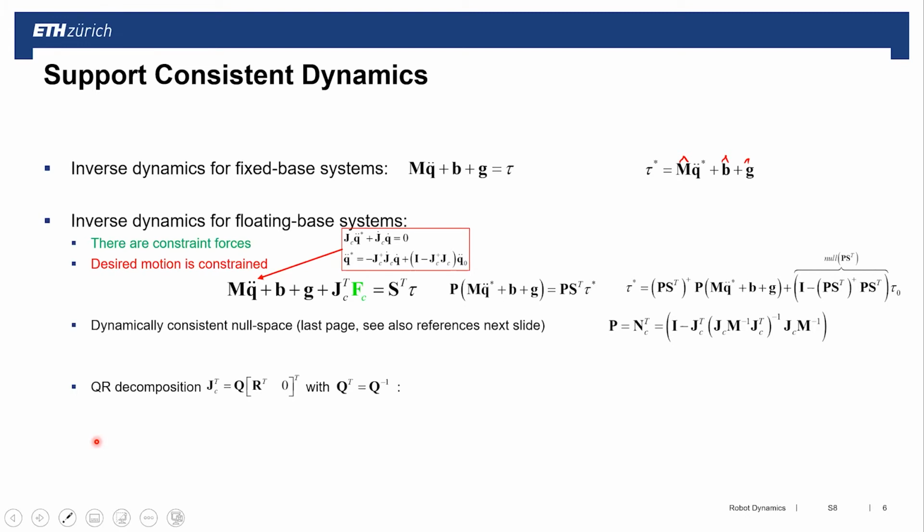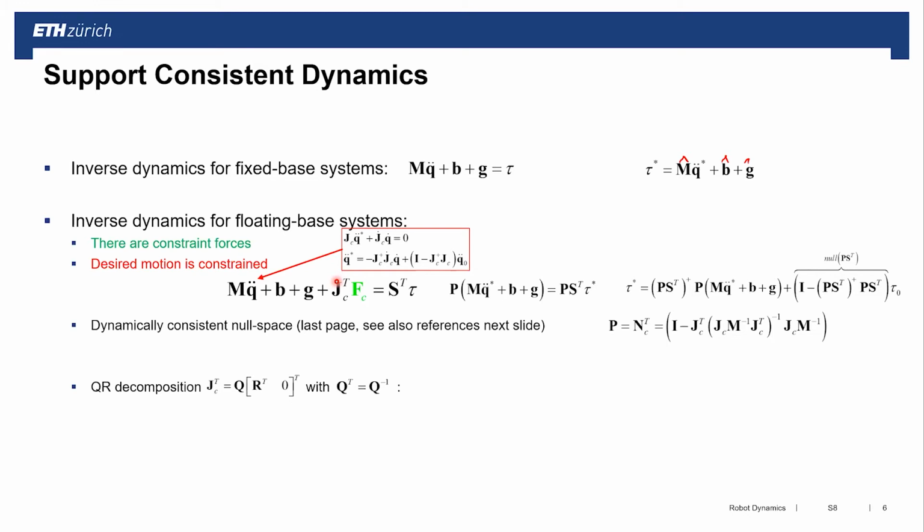Now, I want to show you a little more of what is possible in here. This is beyond what I expect you to understand in this class, but I think it can still help you in getting a better grasp on this. Another way of analyzing this is that we are analyzing this JC transposed, so this constraint Jacobian that describes the constraint.